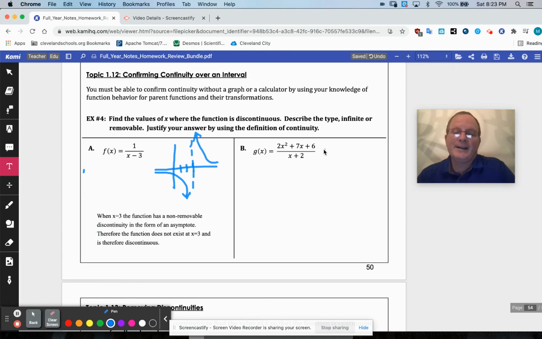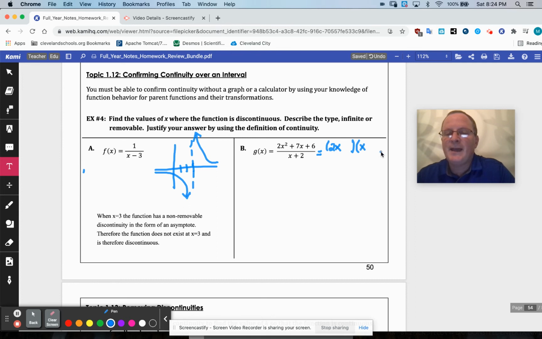Now on the second one, let's try to factor and see what's happening. We know something's happening at -2, but is it going to be removable or non-removable? We need to find out. In factoring the numerator, you can do any factoring technique you remember.